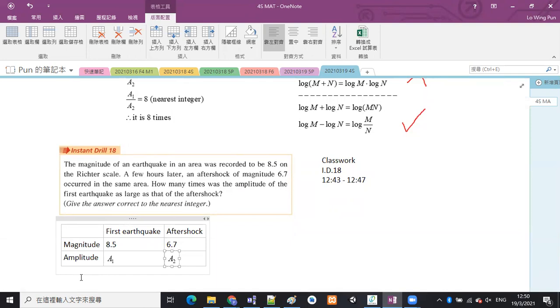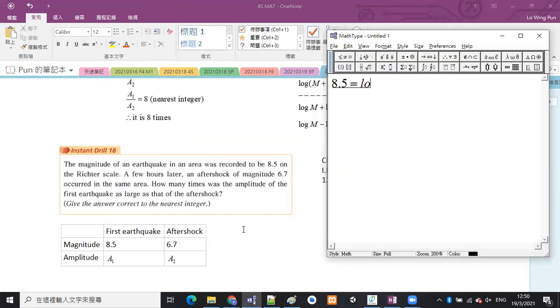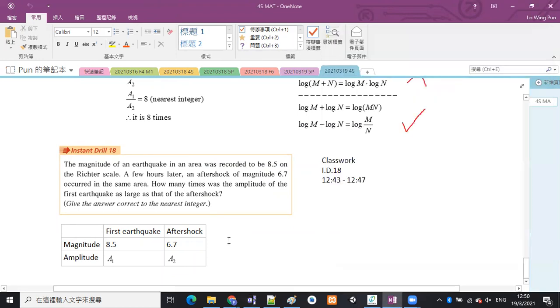OK，然之後，呢啲資料列好晒出嚟啦，我哋就用我哋嘅 knowledge，將嗰啲資料冧埋一齊先。knowledge 係咩？就係嗰條式啦。OK，即係 m is equal to log A plus K。For the first earthquake we have 8.5 is equal to log A1 plus K. And then call this equation 1. And for the second earthquake, we have 6.7 is equal to log A2 plus K. And call this equation 2. Okay?